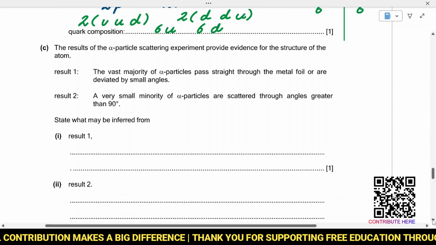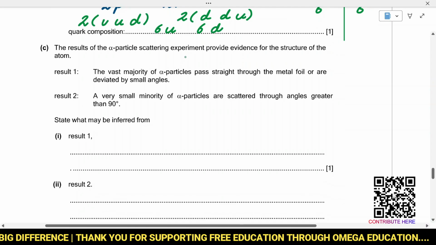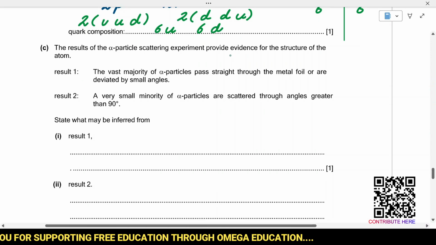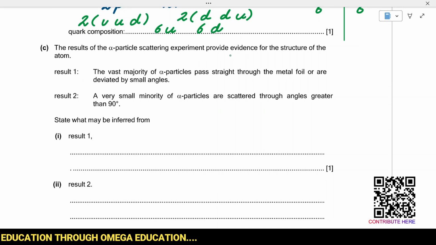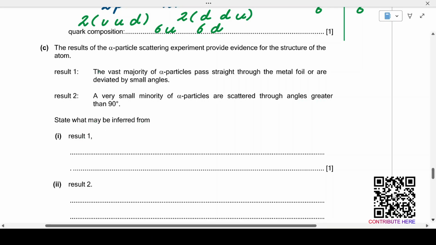Then we have the next one. The results of the alpha scattering experiment provide the evidence for the structure of the atom. Result 1. But we need to find the conclusion, what may be inferred from result 1. You cannot write simple generalized conclusions from the alpha scattering experiment.